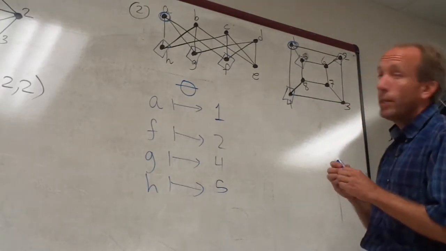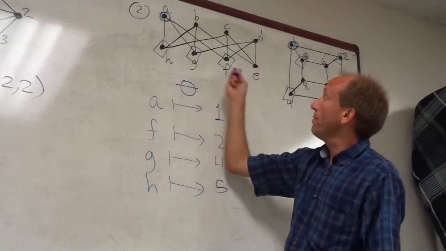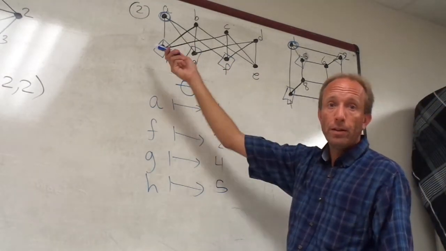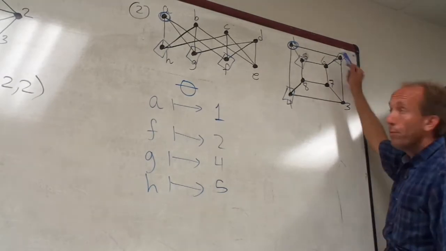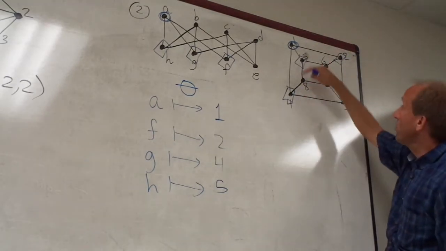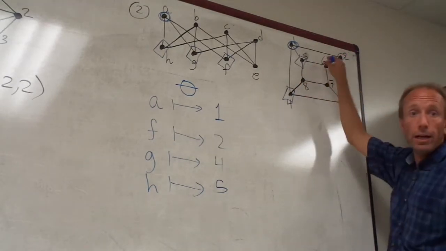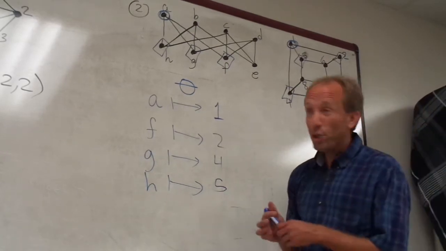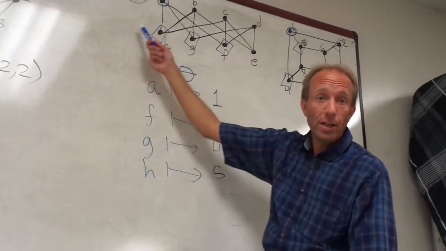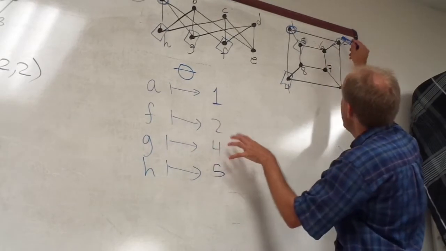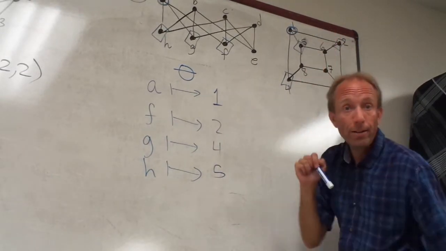By the way, you'll notice that in the first graph, F, G, and H have no edges between them. But the same thing is true for 2, 5, and 4. There's no edge between 4, 5, or 2 in any way. So we are preserving non-edges. The non-edges between F, G, and H are still going to be non-edges between 2, 4, and 5.